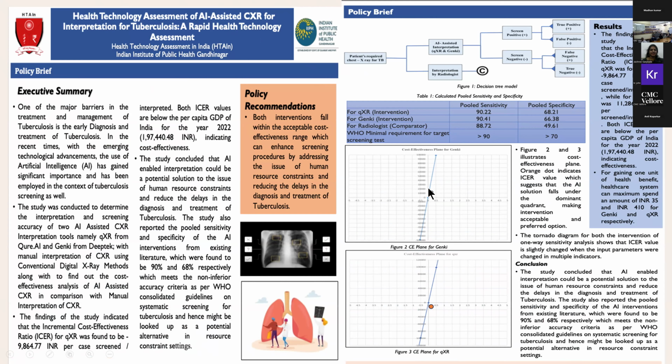So for the Genki AI model, it was increased cost, but better effectiveness and fell under the willingness to pay threshold. And for the Cure AI software, it actually was in the lower box. That means it was cost effective and better outcomes as well. So they have actually provided this for each of these studies.